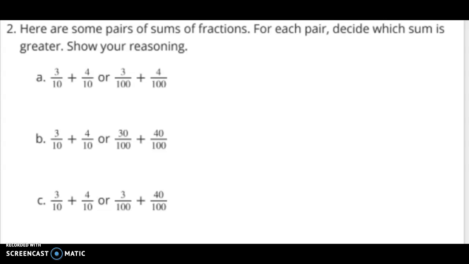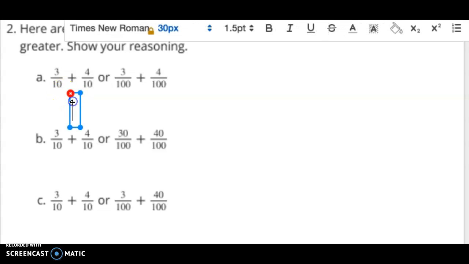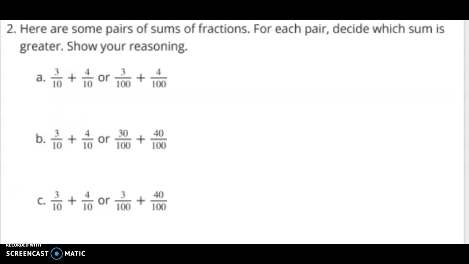So you had to decide which ones were the greater sum. So if you add 3 tenths plus 4 tenths, 3 plus 4 would get you 7 tenths.